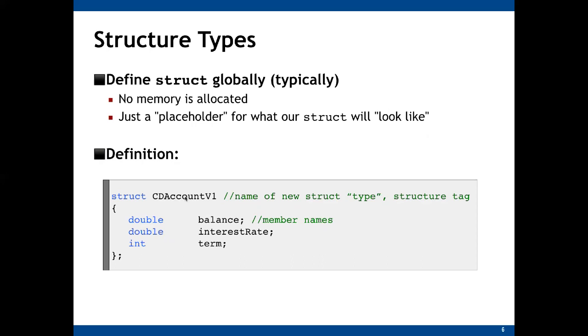Even though C++ does not enforce it, the structure tag usually starts with an uppercase letter. This structure stores 3 data: 2 double type and 1 int type. They are called member names. And the structure ends with a semicolon like this.